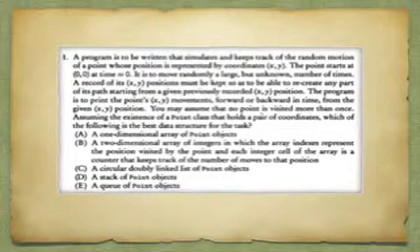Two is a two-dimensional array of integers in which the array indexes represent the position visited by the point, and each integer cell of the array is a counter that keeps track of the number of moves to that position. The third choice is a circular doubly linked list of point objects. The fourth choice is a stack of point objects, and the fifth choice is a queue of point objects.